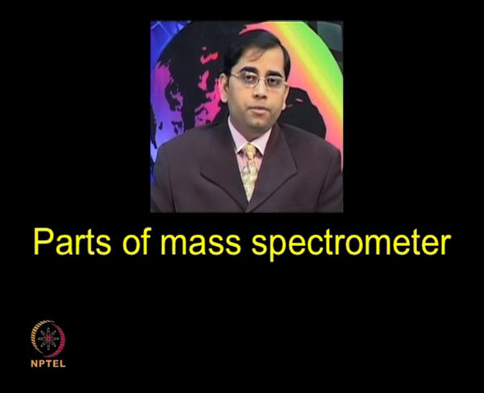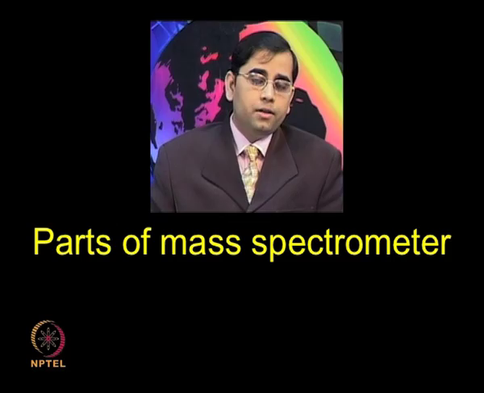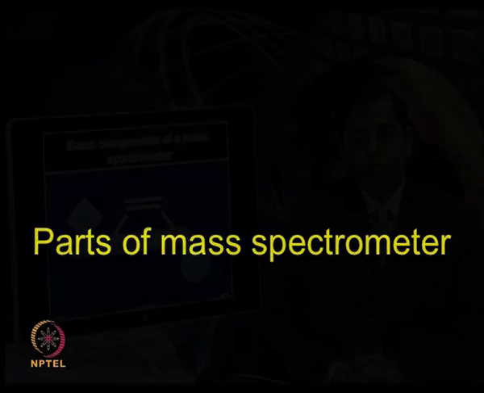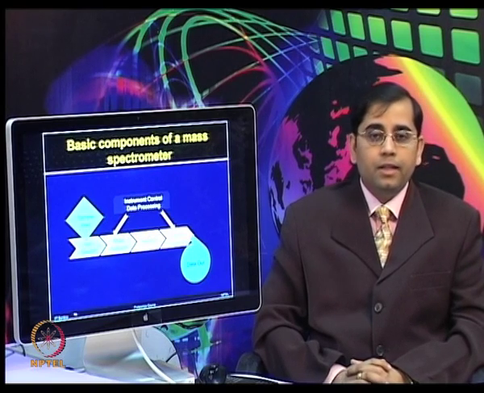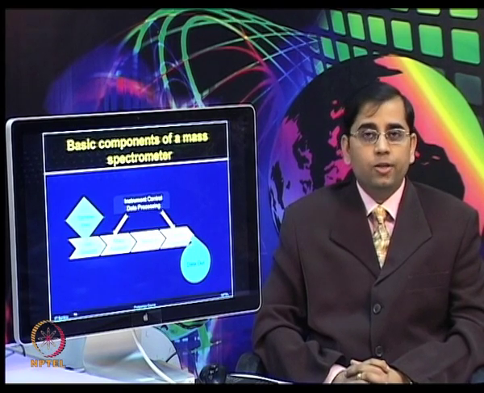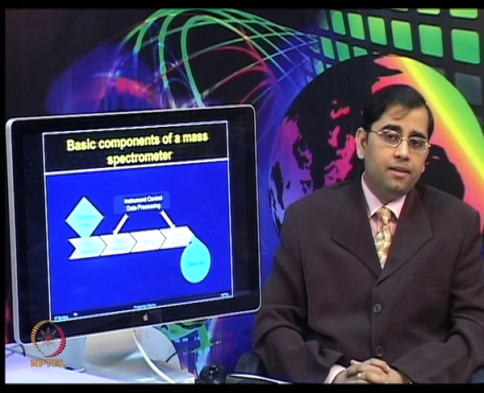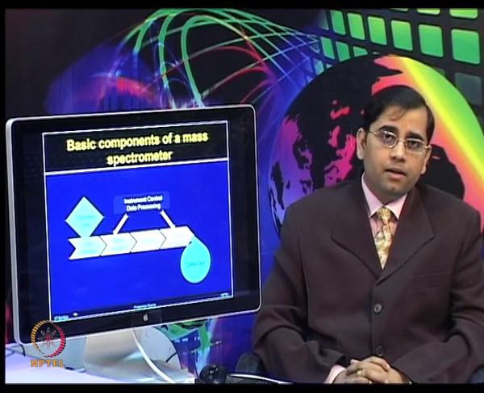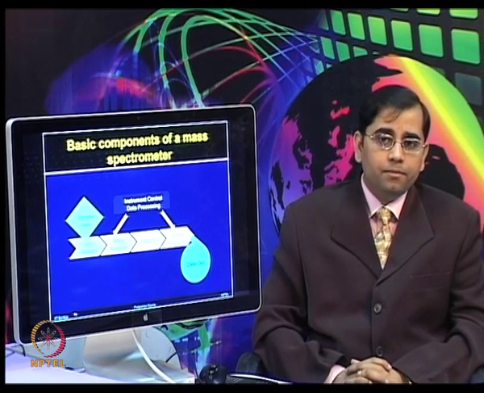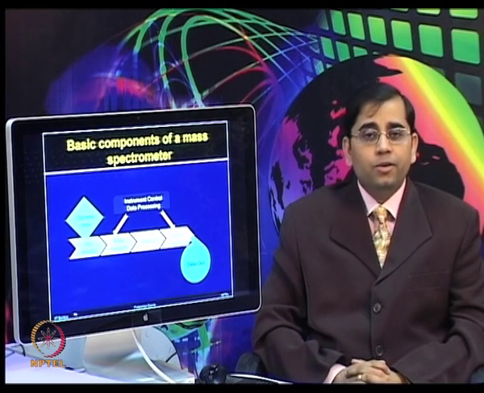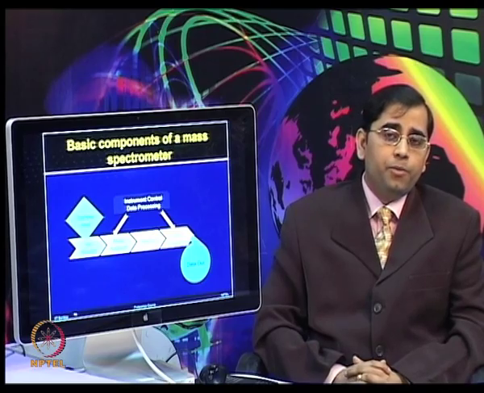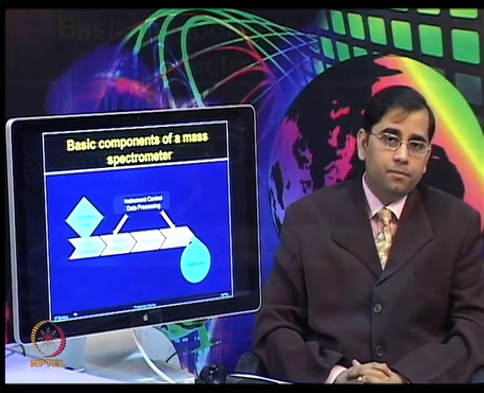Now, let us talk about different parts of the mass spectrometer. So, major components include the sample inlet, ion source, mass analyzer, detector, signal processing components and data output. Let us look at each of these components in a little more detail.